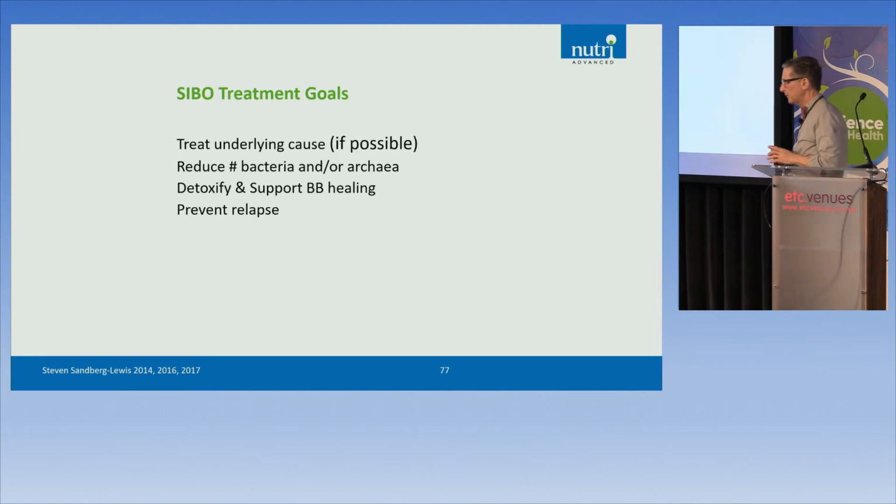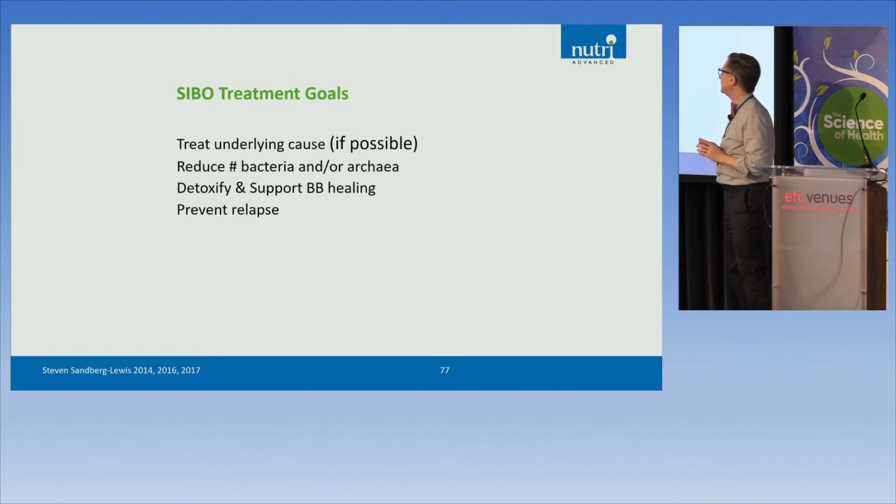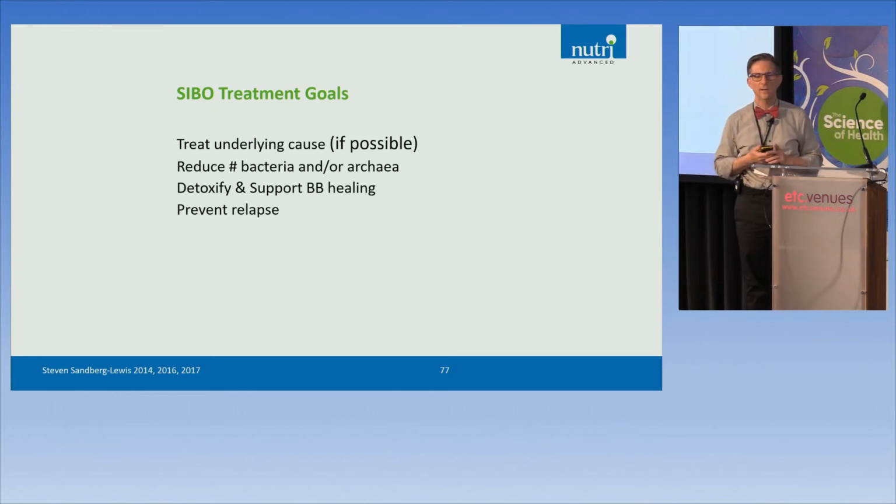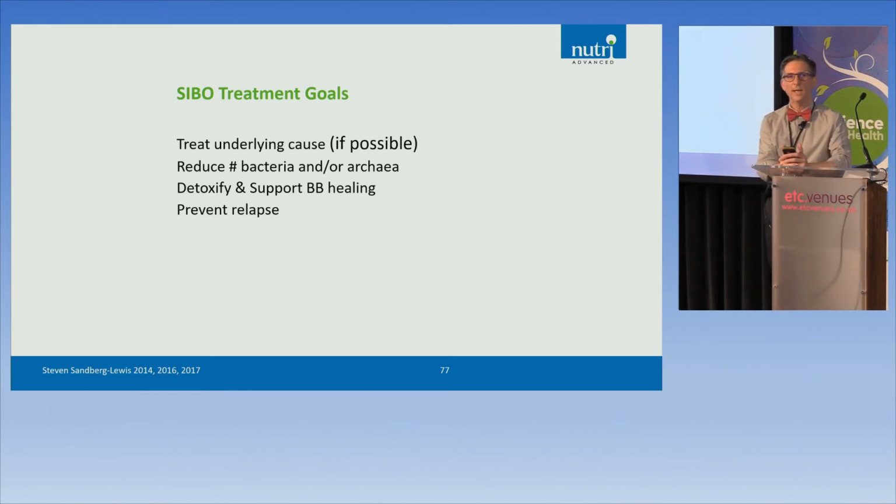So our goals for treatment. We want to treat the underlying cause whenever possible. There are some underlying causes we can't treat, such as superior mesenteric artery syndrome, SMAS. It's not very common, but because I see complicated cases, I see more of them.